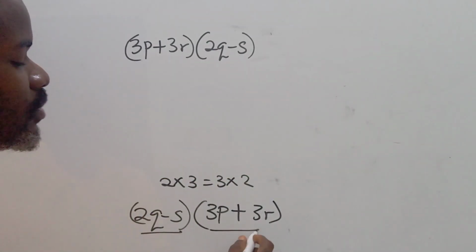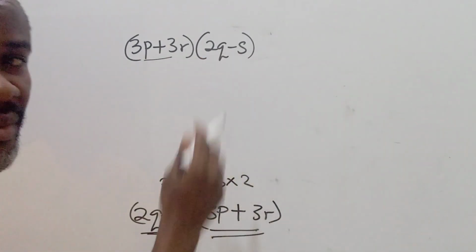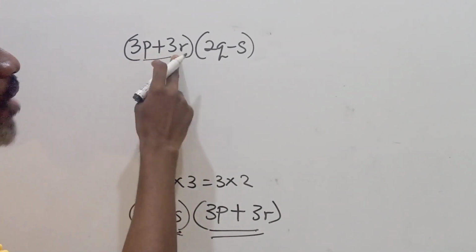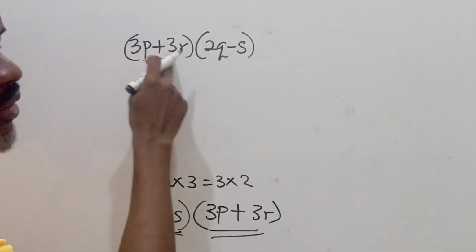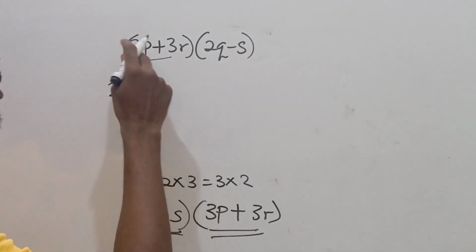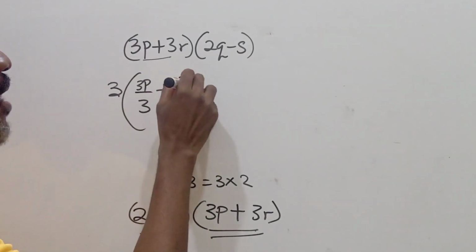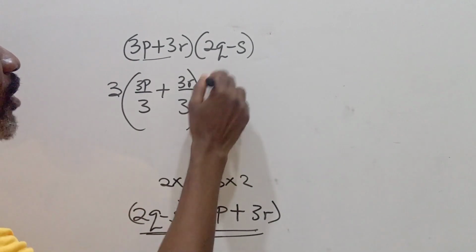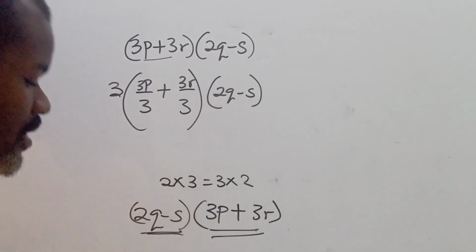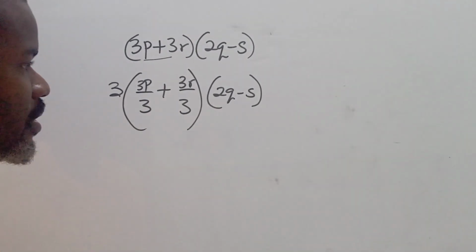From this, I can also observe that something is common here, and it's 3. So I'm going to divide 3p by 3 plus 3r by 3, multiplied by 2q minus s. There's nothing here to factorize because I can't see any common factor there.